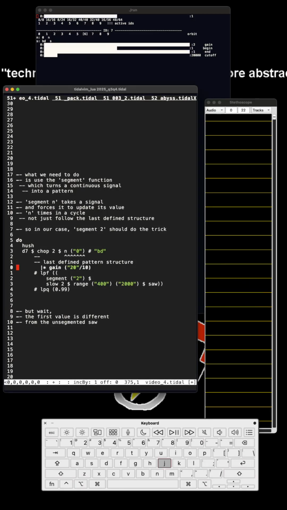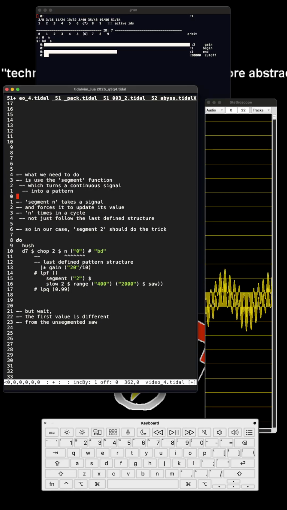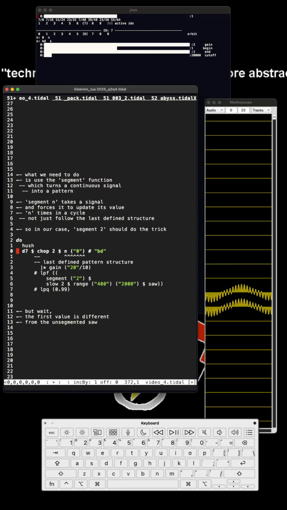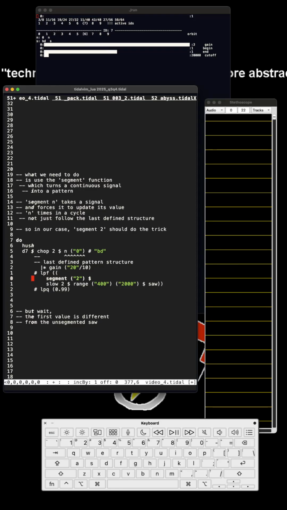Segment takes one argument and operates on a signal and forces that signal to update its value n times in the span of 1 cycle, not just to follow the last defined pattern structure. So in our case, segment 2 would get us what we want. You can hear 4 different values for the low pass filter now.